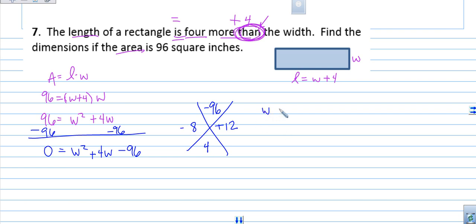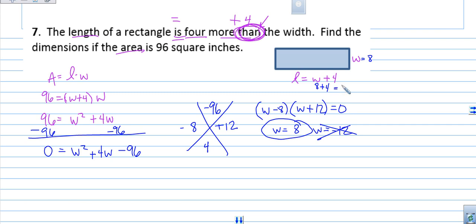And so then you write W minus 8 and W plus 12 equals 0. Since we don't have a number in front, we don't have to divide anything, and you get W equals positive 8 and W equals negative 12. Can't have a negative width, so the width will be 8. So this is 8, and that's 8 plus 4, which equals 12.